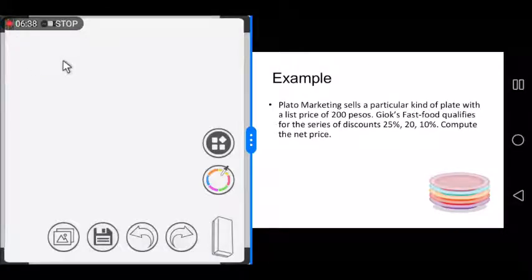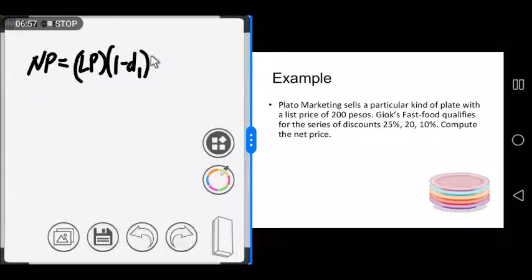So for this one, again, same formula or same process. We get the list price, multiply it by the complementary rates. Again, the complementary rates can be computed by subtracting the given rates from 100%, or kung in decimal form na siya, they subtract it from 1.